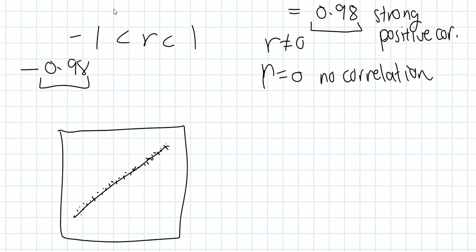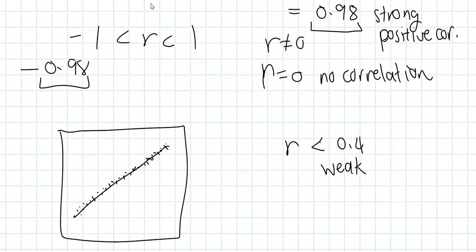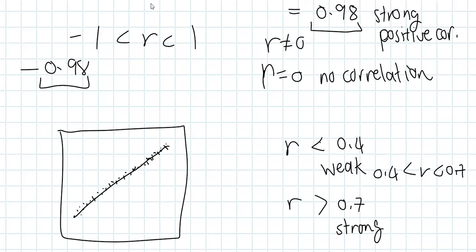Textbooks differ, so I would say that if R is smaller than 0.4, either negatively or positively, it's weak. As I said, different textbooks have this differently. If R is larger than 0.7, this is strong. And between 0.4 and 0.7 is medium.